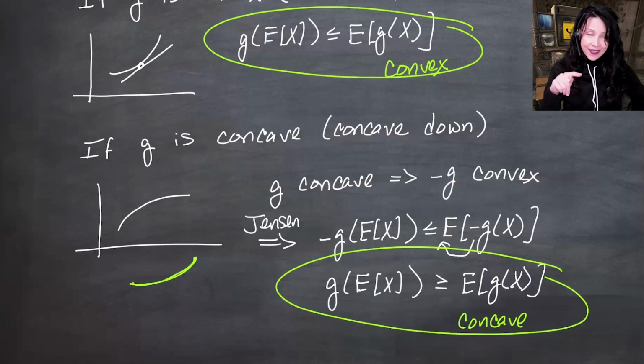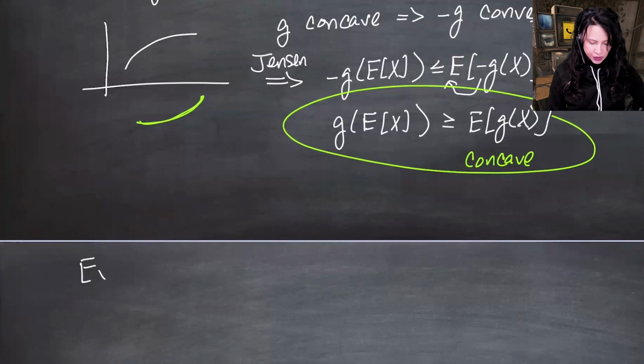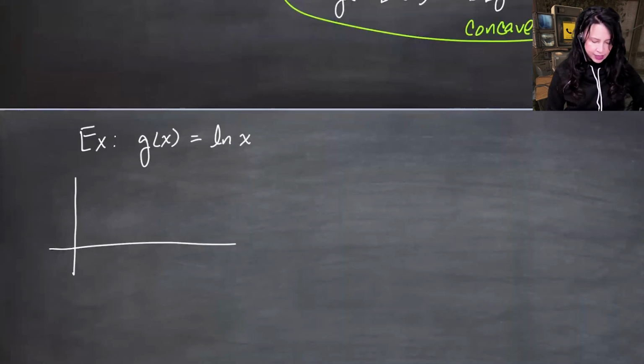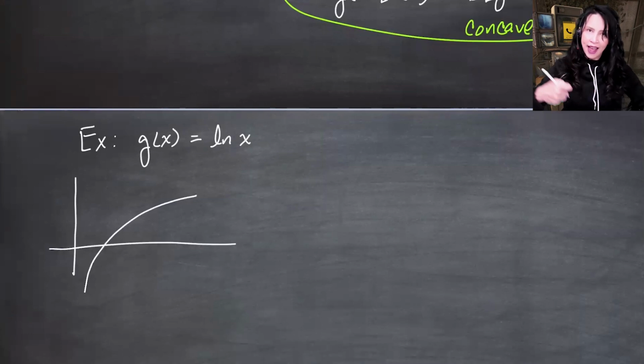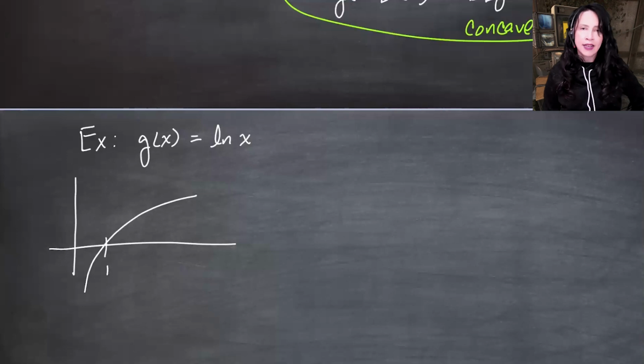For example, by far the most use we're going to get out of this inequality, what a bad sentence, is on the function, the log in any base, but usually the natural log of x. So this is something that looks like this. It approaches the y-axis asymptotically as x goes down to 0. It crosses the x-axis at 1.